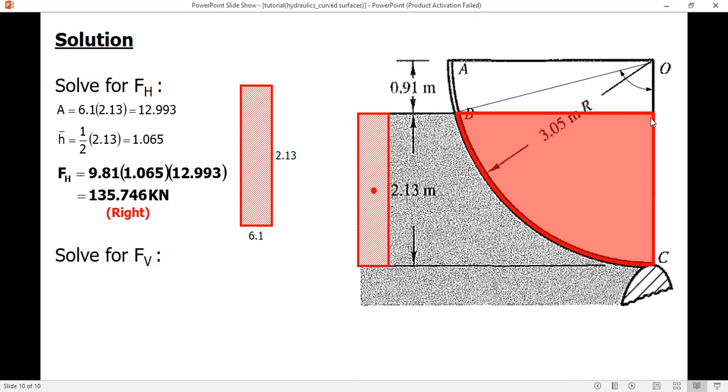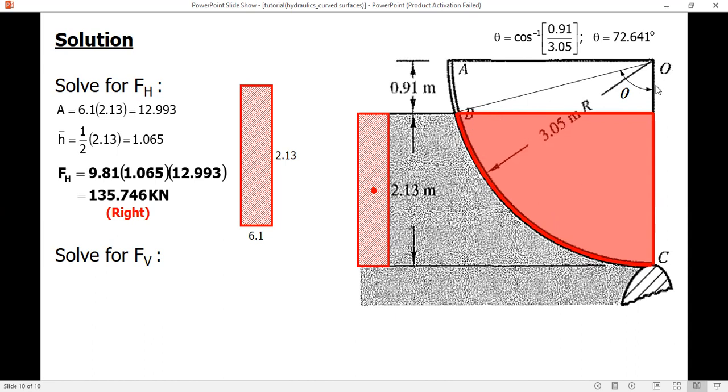This is 0.91, and the radius is 3.05. To solve for theta, we use cosine. Cosine of theta is adjacent 0.91 over hypotenuse. Okay, so theta is 72.641.